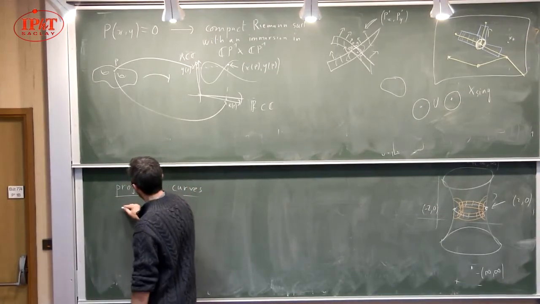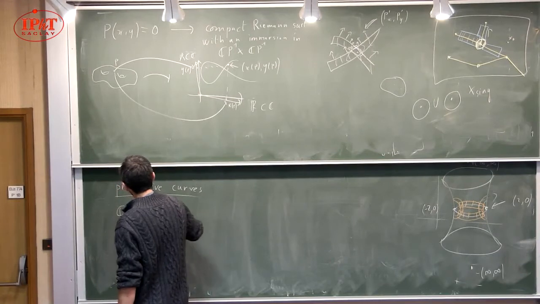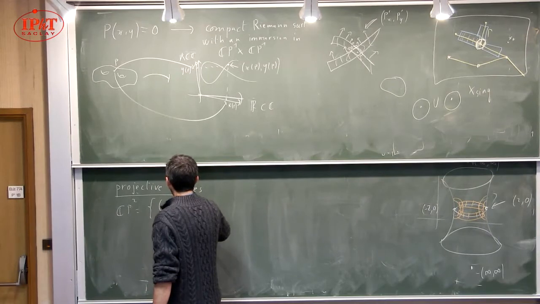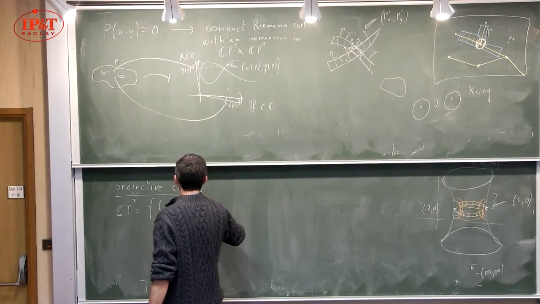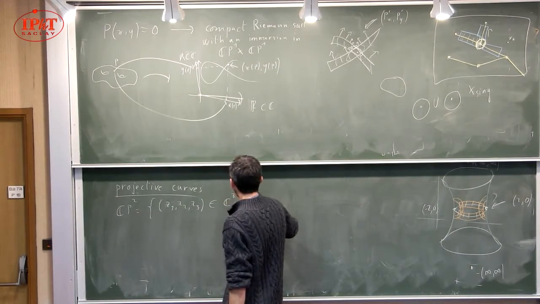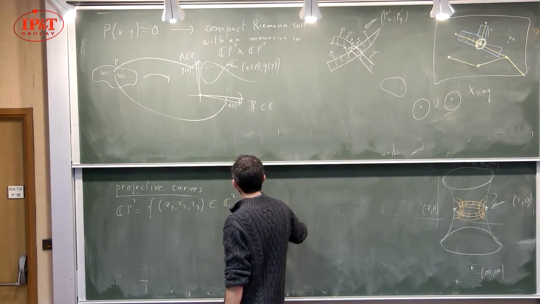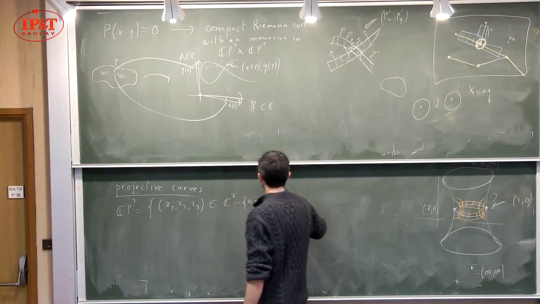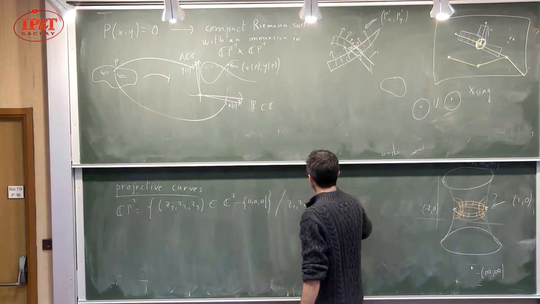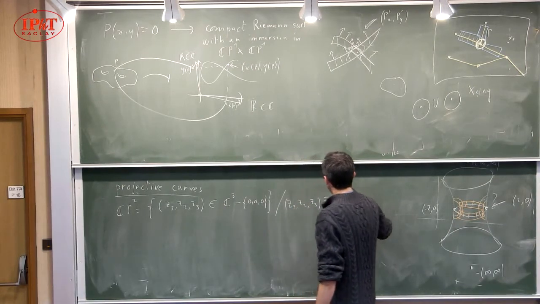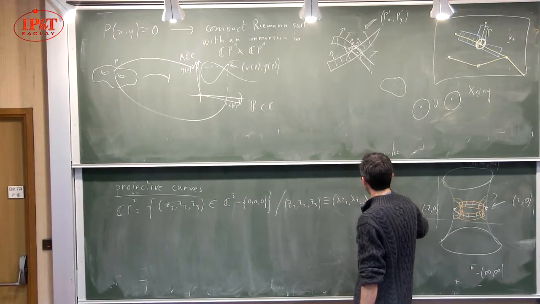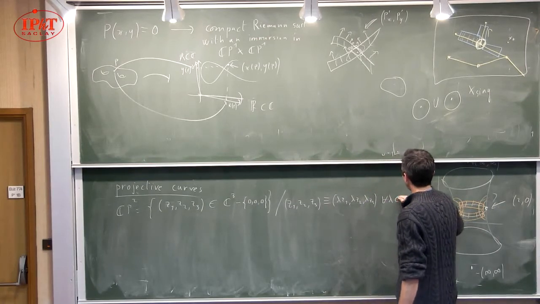So now let me recall that CP2 is the set of points Z1, Z2, Z3 that belongs to C cube minus the point 0, 0, 0, quotiented by the equivalence relation Z1, Z2, Z3 is equivalent to lambda Z1, lambda Z2, lambda Z3, for lambda belonging to C star.